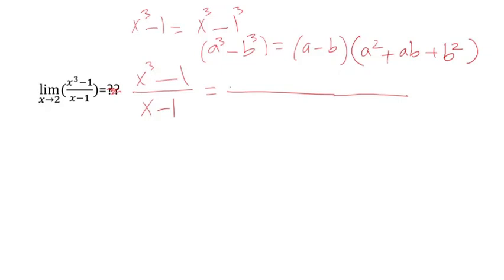So basically I can rewrite this as x cubed minus 1 cubed divided by x minus 1. In my case, my a is x and my b is 1.